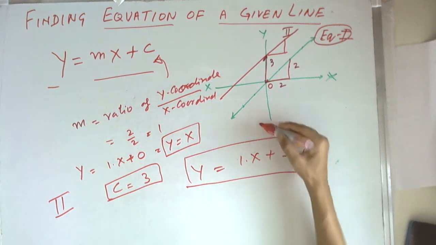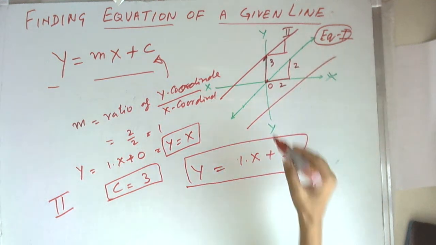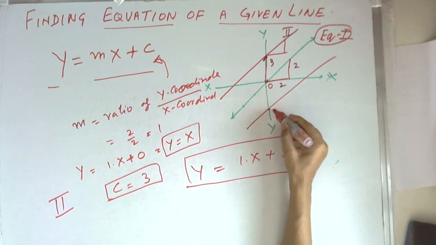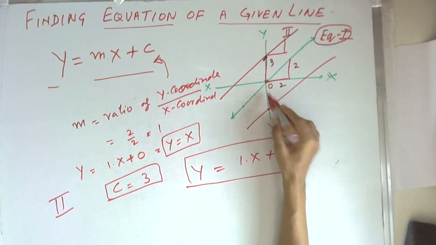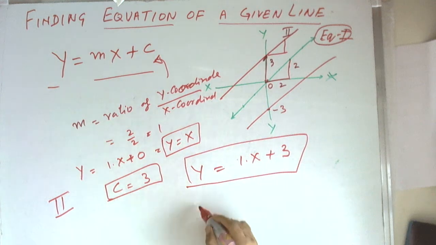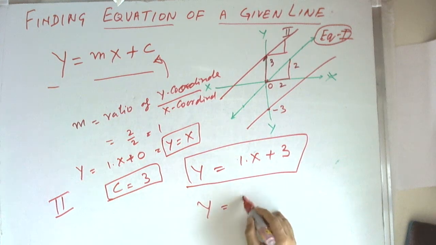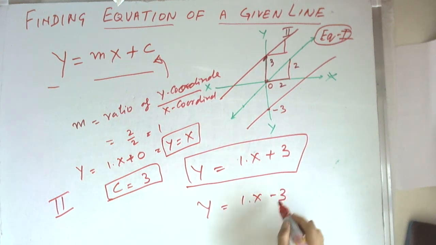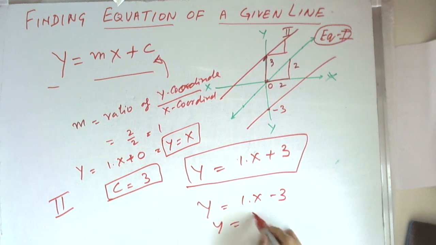And suppose the equation is like this, and it is intersecting the y-axis at minus 3. So the equation will become y equal to 1 into x minus 3, which is y equal to x minus 3.